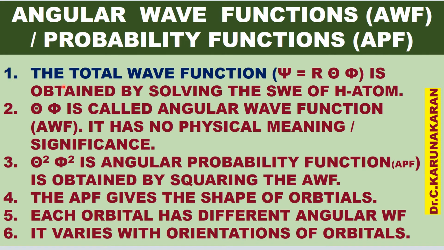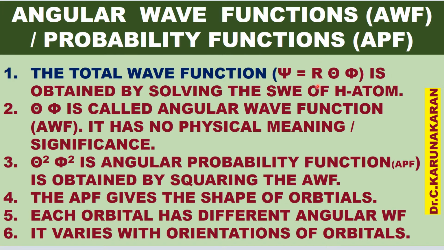We know that the total wave function is obtained by solving the Schrödinger wave equation of the hydrogen atom or hydrogen-like atom. We have already studied that by solving the Schrödinger wave equation of the hydrogen atom, the total wave function psi equal to capital R, capital theta, capital phi is obtained.